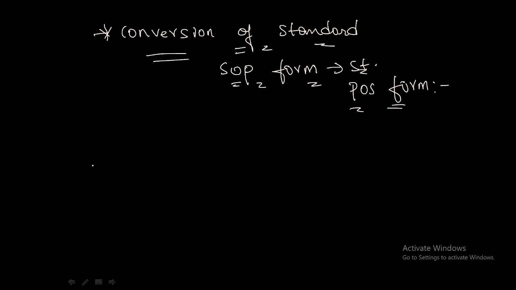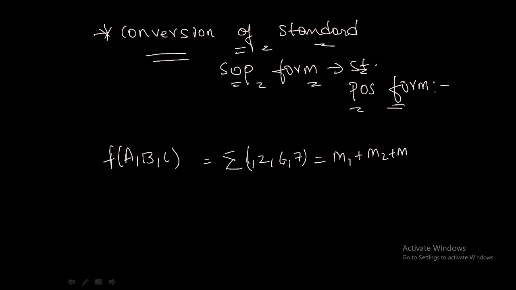For example, let us consider this example. Let's say a function f of a, b, c is represented in standard SOP form, equal to sigma of 1, 2, 6, 7. It can also be represented as m1 plus m2 plus m6 plus m7.